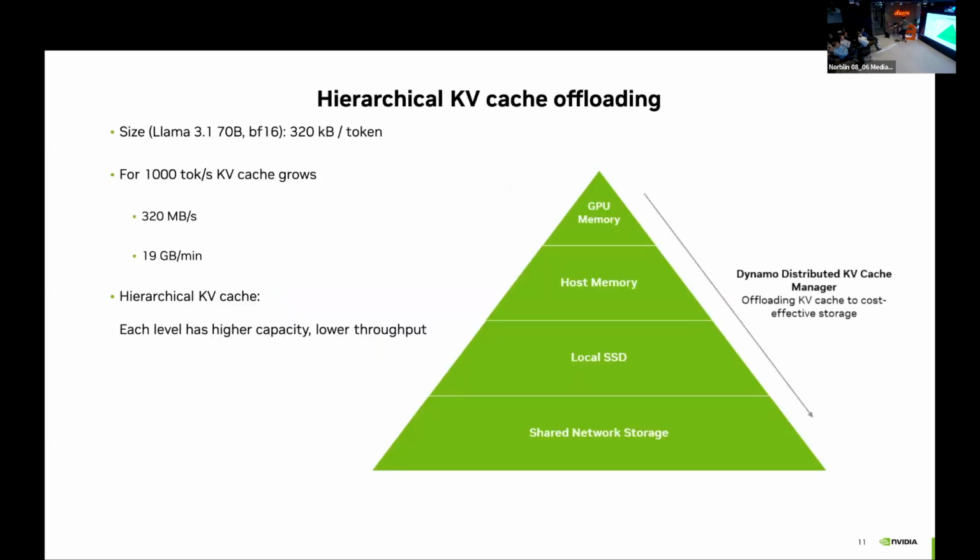But as I mentioned, there's 320 kilobytes per each token for Llama 70B. For Llama 405B, it will be even more, around 800 kilobytes. So if we have a single node that is able to generate 1,000 tokens per second, then the KV cache will grow 320 megabytes each second and 19 gigabytes each minute, right?